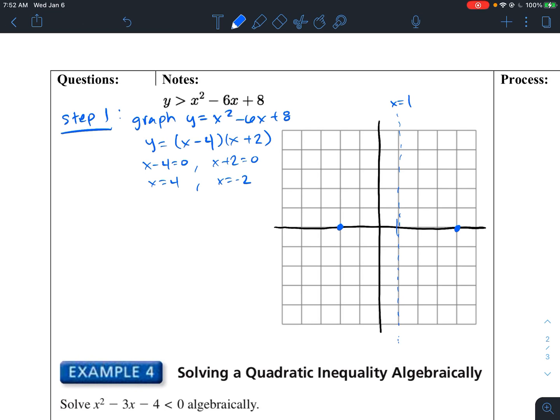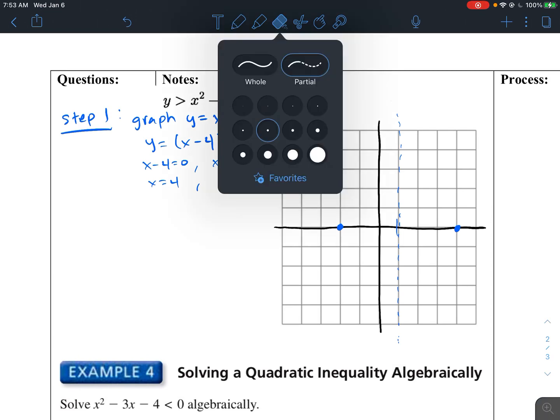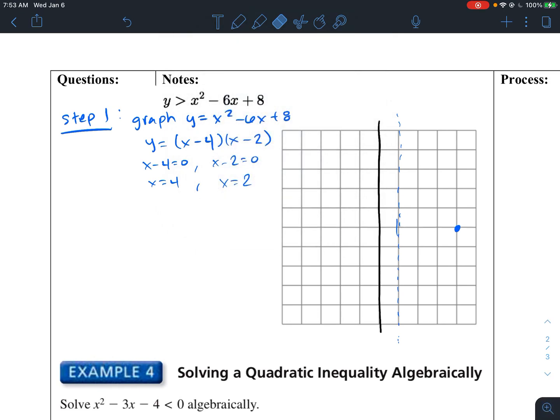This should be x minus 4, and this should be x minus 2, because I have to get -6. Okay, so x minus 2 is equal to 0, so that means x is equal to 2. So that no longer means that my x-intercept's right there, and my axis of symmetry isn't there.